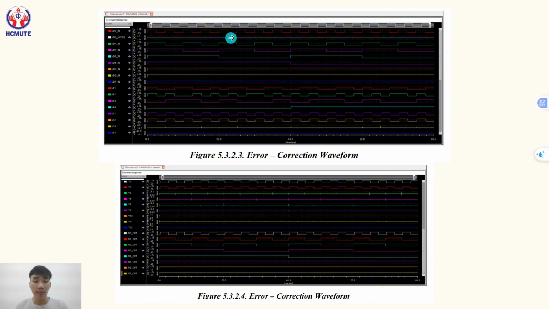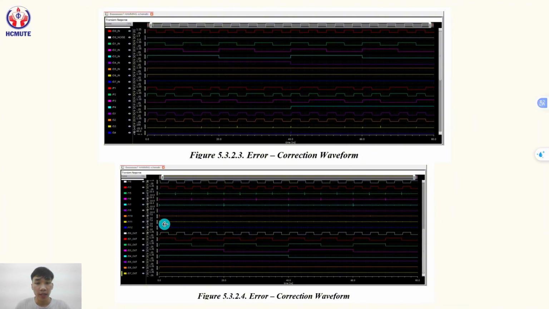And in simulation, the input signal D0 in was corrupted by fixing it at logic 0. When an error occurs at bit D0, the Hamming checker generates syndrome equal to 0011, identifying an error at position 3 in the 12-bit Hamming sequence, corresponding to bit D0, and the decoder then activates E3 equal to 1, while the other outputs remain 0.